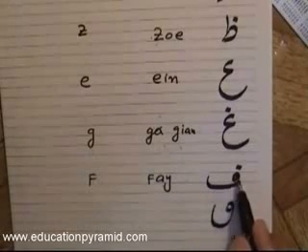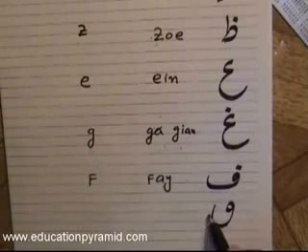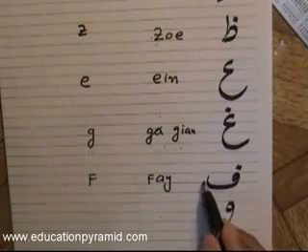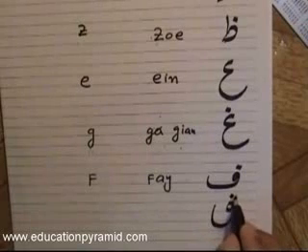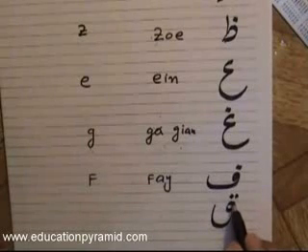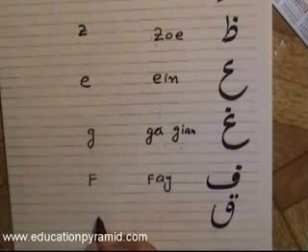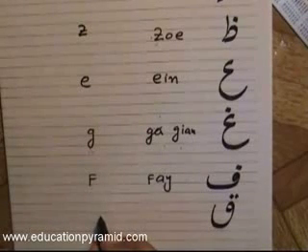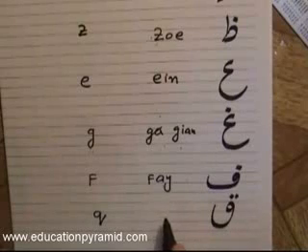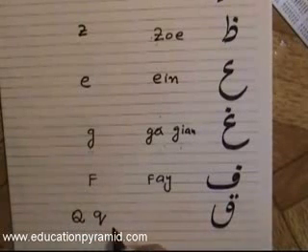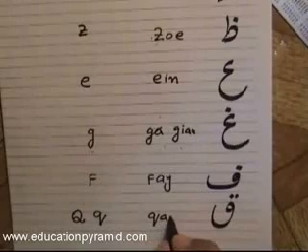Similar to this, start with a small round and then make it in a circular form. This is sort of an ellipse, but this is a circle. Fe, Kaf. Kaf, like the Q sound, or capital letter Q. So we read it as Kaf.